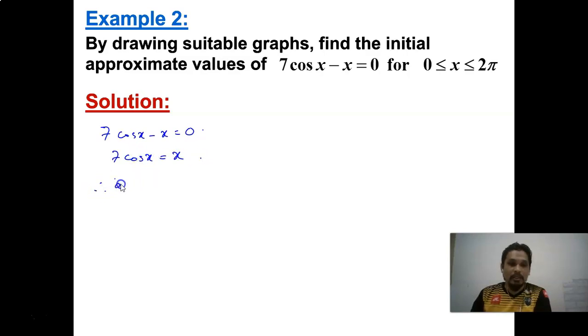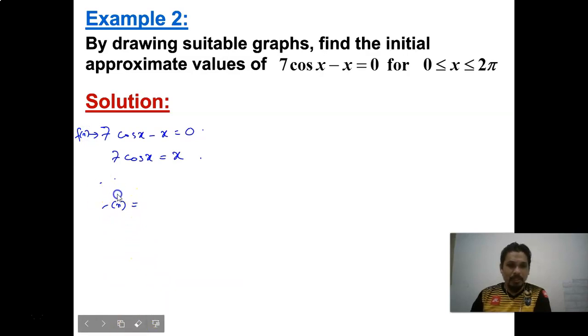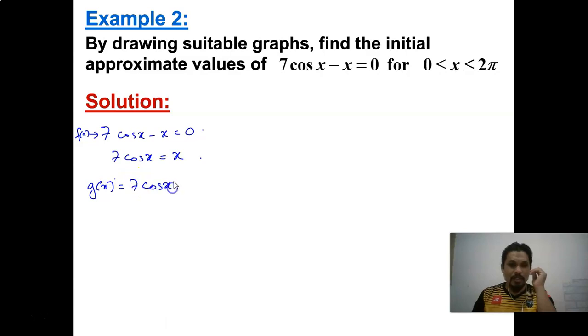So we define the next functions as g(x) equal to 7 cos x and h(x) equal to x.